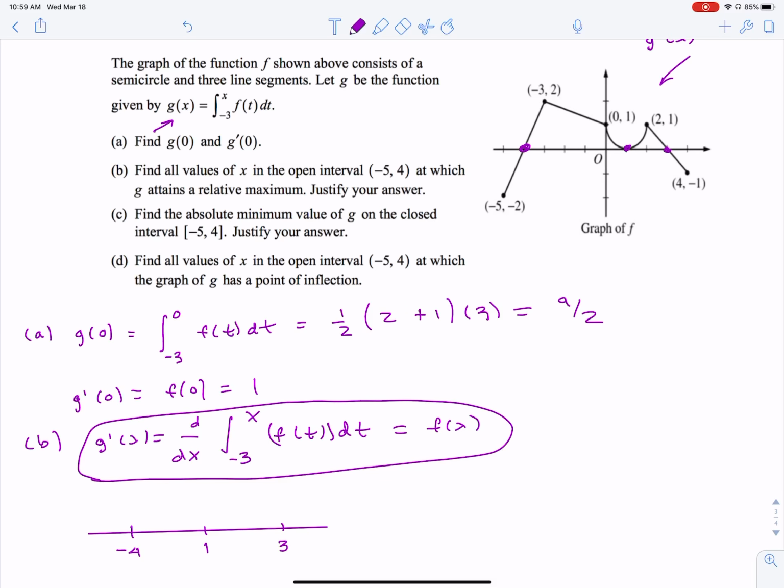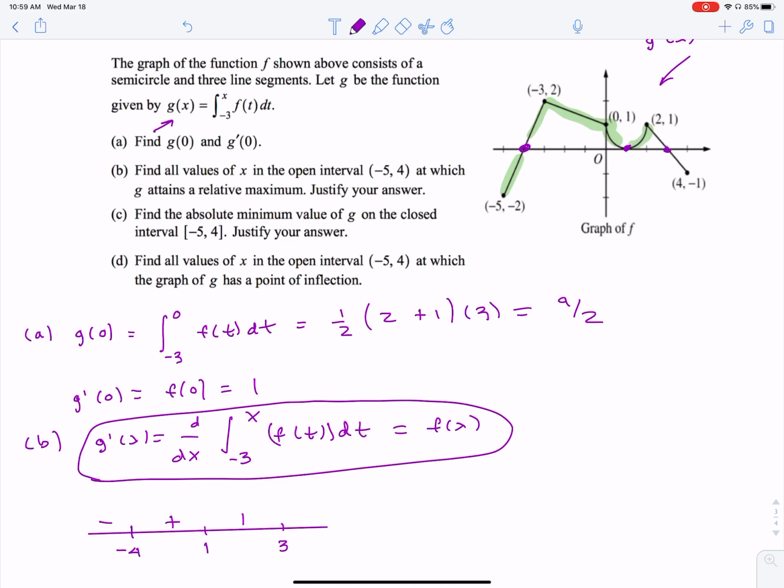Okay, let's look at x equals -4. To the left of -4, notice the graph lies below the x-axis, so our derivative is negative. Then to the right of -4, it is above the x-axis, so it is positive. Now let's look to the right of 1. It's above the x-axis, so it's positive.